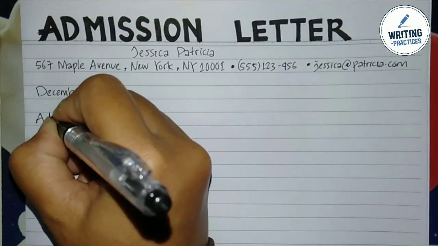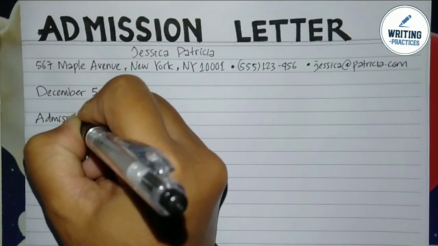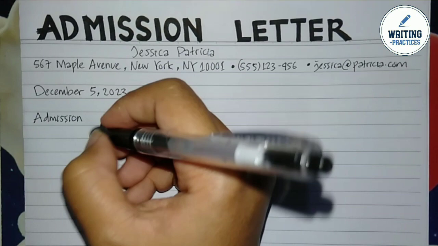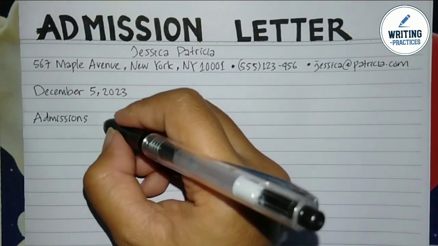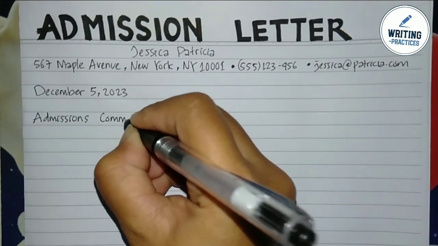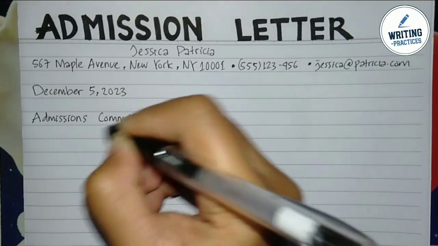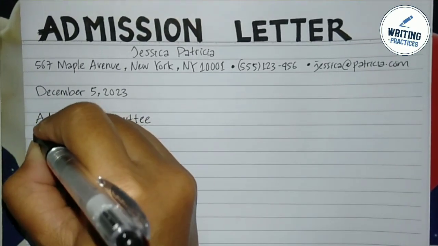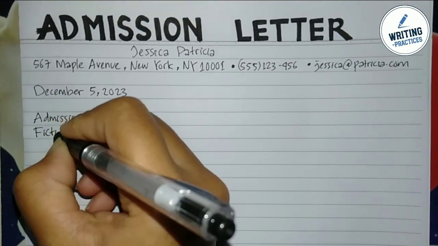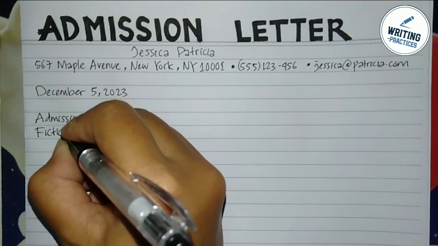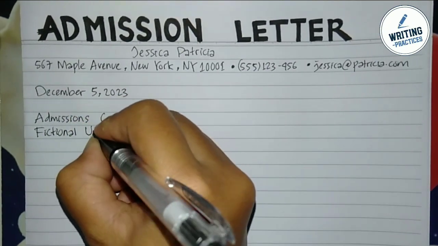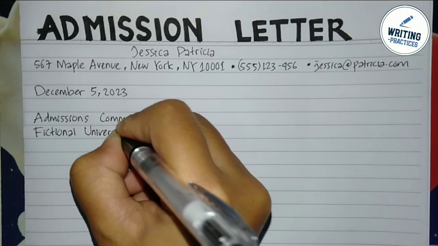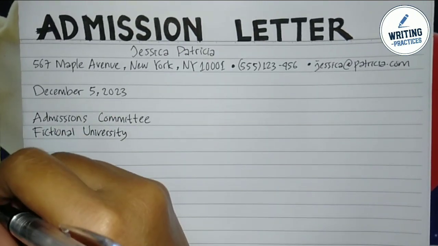For the next, write the information about the recipient. Here, you need to write their full name. If you have no idea, you can just write the office or department name. Under it, write the university or school or institution name. Here, the letter is addressed to the admissions committee in Fictional University.